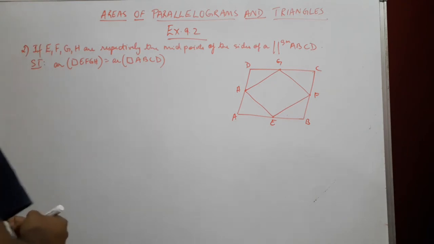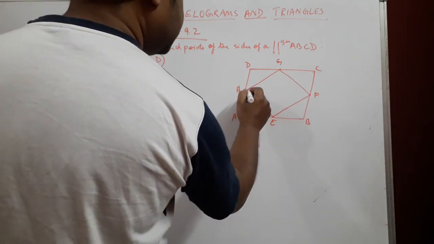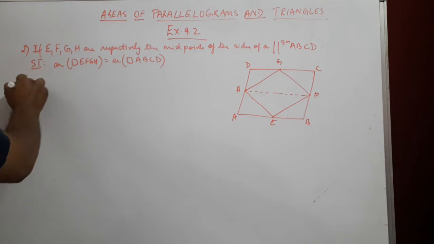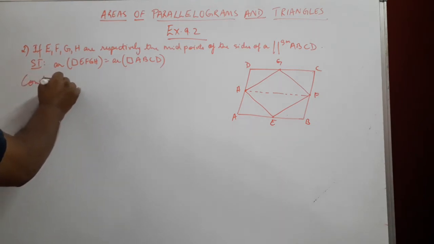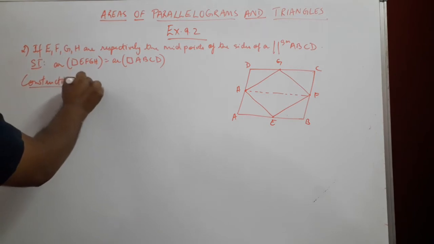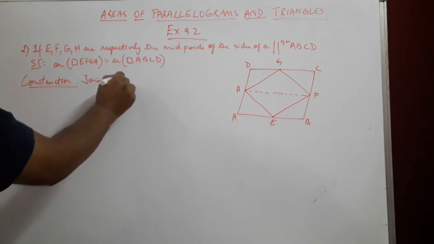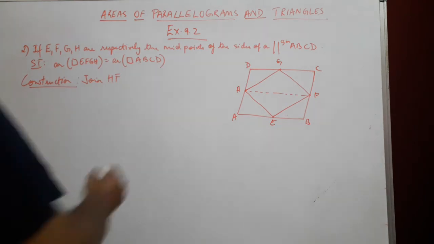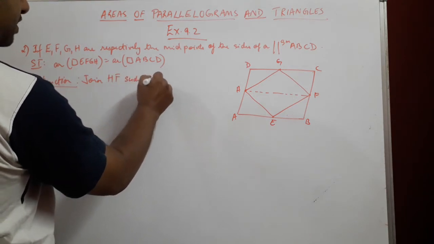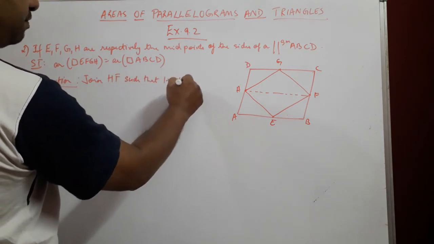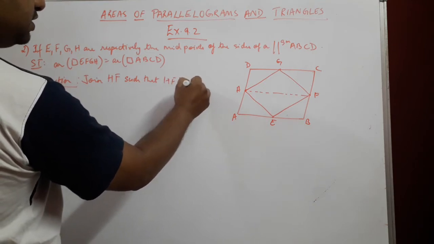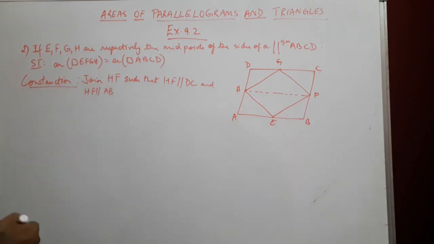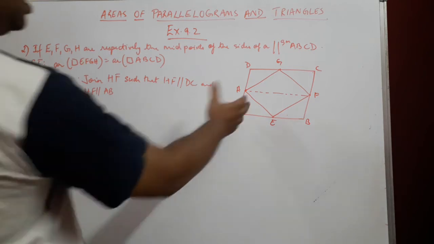What we can do over here is construct a line connecting H to F. I'll put it as a dotted line showing it is a construction. So we mark construction: join HF. Now that we have done that, HF is parallel to DC, and you can also say HF is parallel to AB, which means it continues to be a parallelogram.